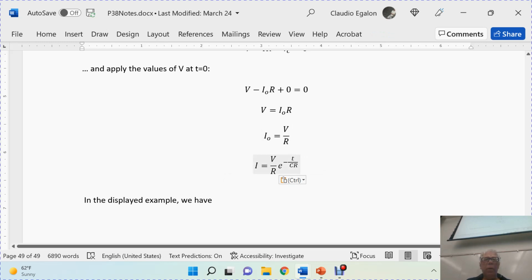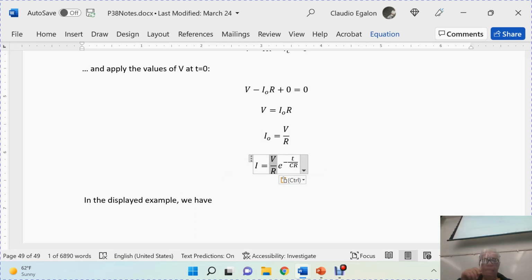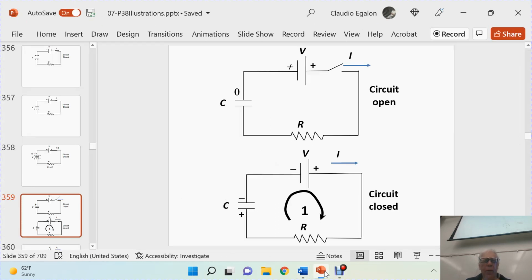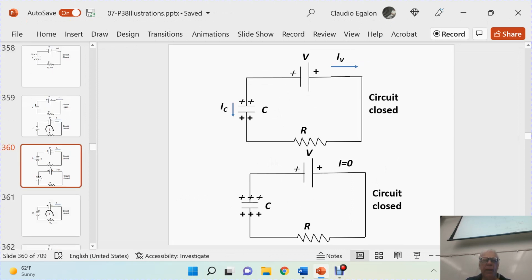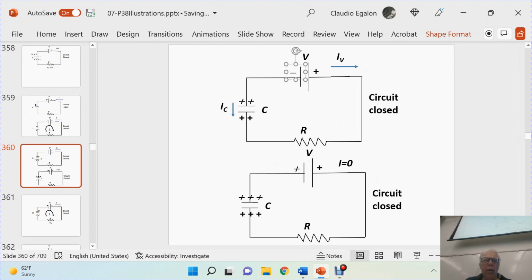What you have here is the unit for current, the initial current. So that's how we finish this problem. You can plot it. Let's see if I have a plot of that for you. It's what that thing tells us. It tells us that the current decreases exponentially.